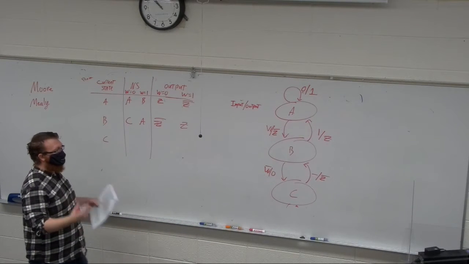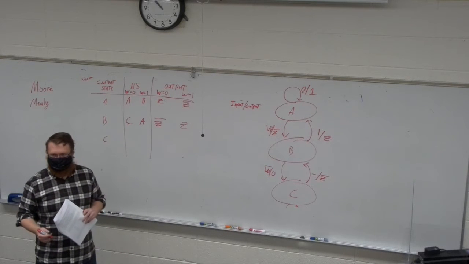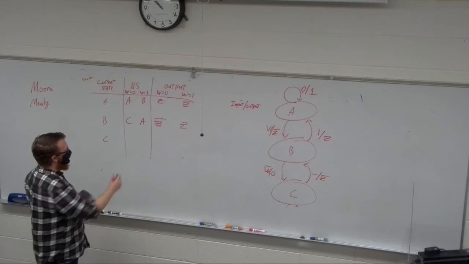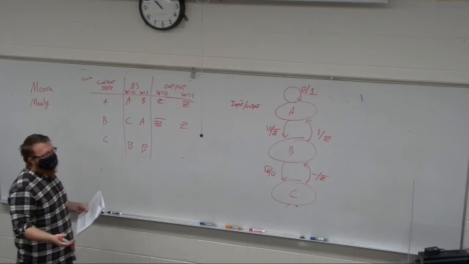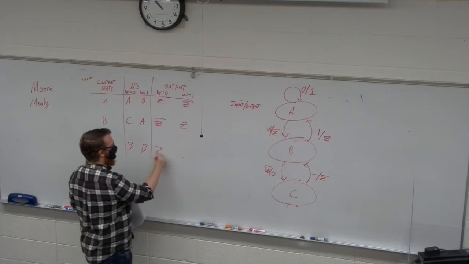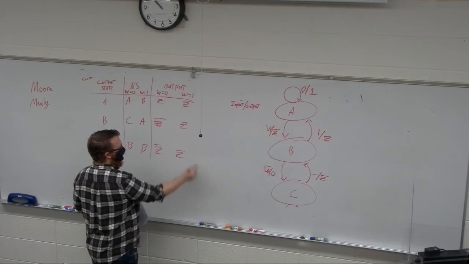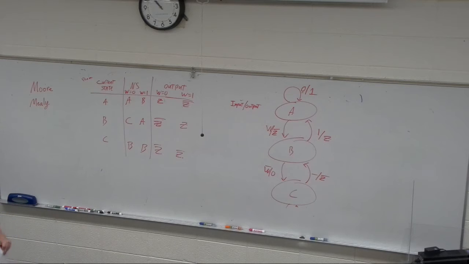C. Well, the only thing that it can do, as it currently is written, is go to B. And then the output is always not Z. So is this following our book?